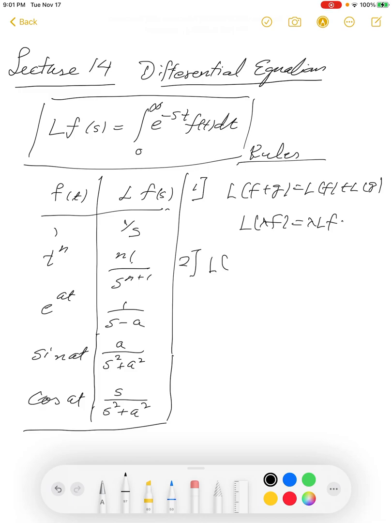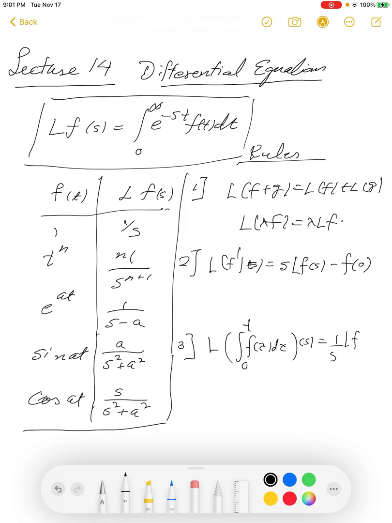Laplace transform of the derivative at s is s times Laplace transform of f at s minus f of 0. And the third rule was Laplace transform of the integral of f(tau) d tau at s is 1 over s times Laplace transform of f at s.